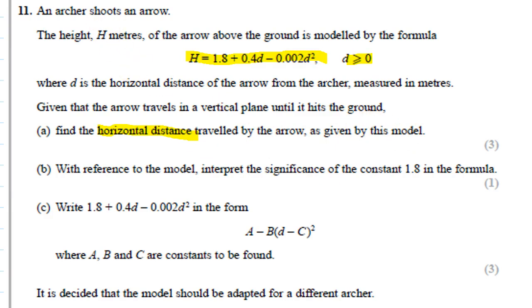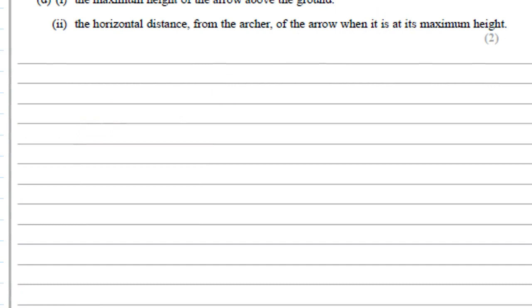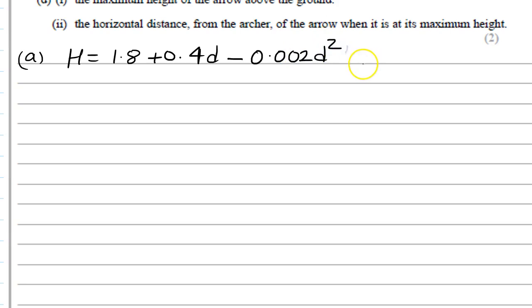So let me write down the equation here: h equals 1.8 plus 0.4d minus 0.002d squared, and d is greater than 0.